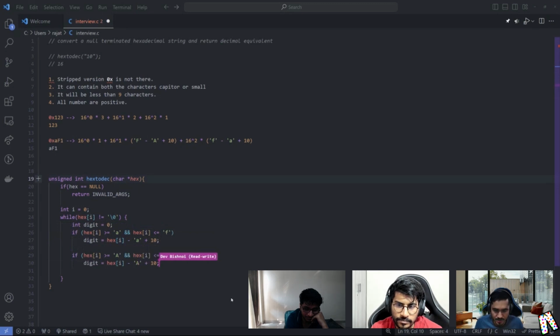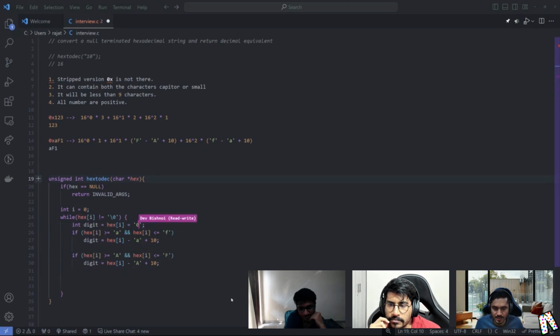So then I have figured out the digit. If that's not the case, what I can do here is hex[i] minus the character 0. So if it is 0, then it will turn out to be 0.